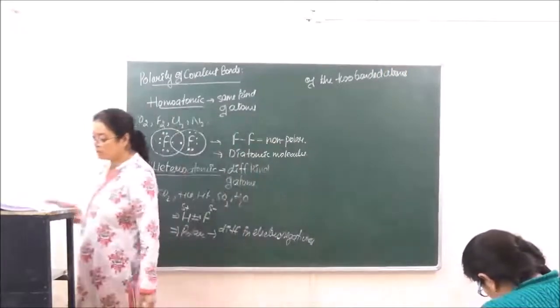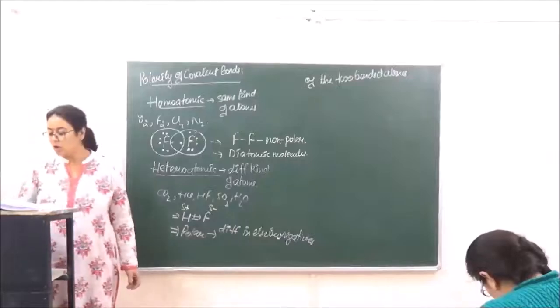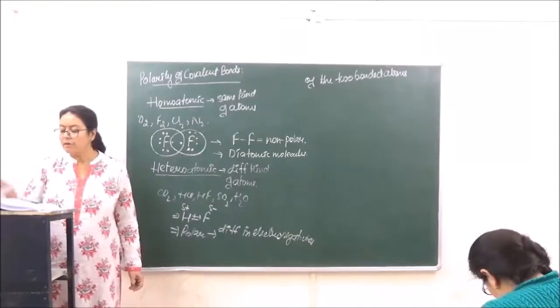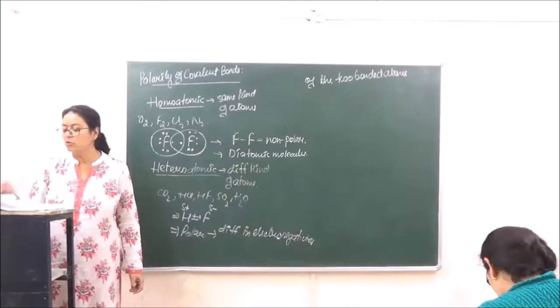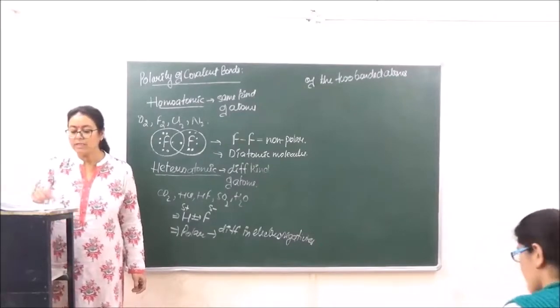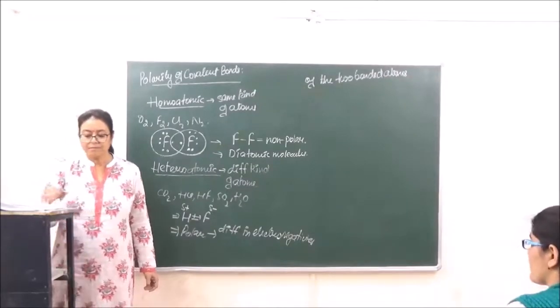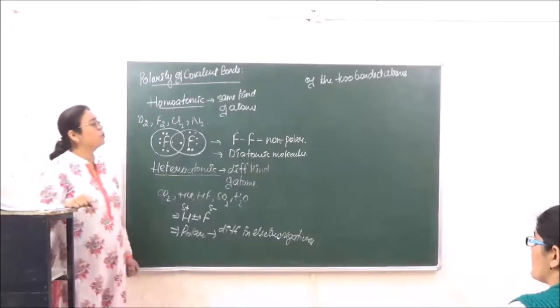So there is an electronegativity difference, because of which in HF the fluorine is going to attract the shared pair of electrons towards itself. Basically, what do we say when we are talking of polar bonds?